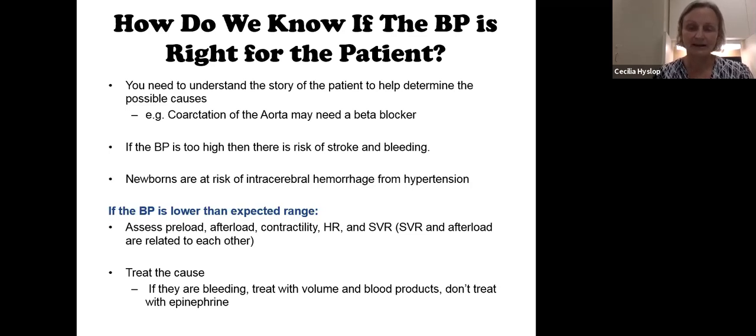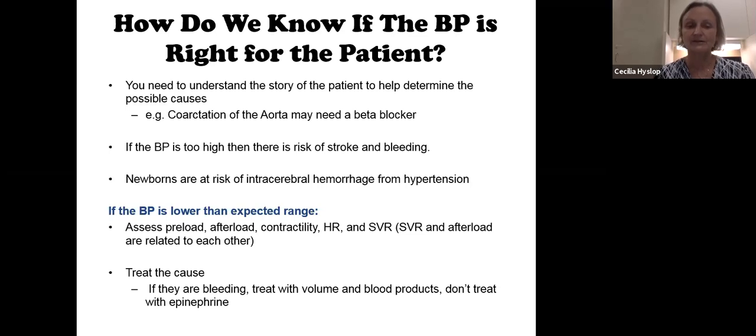Do they have a very thick right ventricle and therefore have diastolic dysfunction, which means the inability of the ventricle to relax and fill? So maybe that particular patient needs a higher CVP to get the blood to move forward.